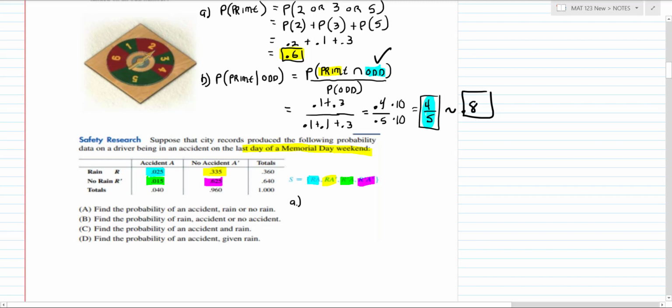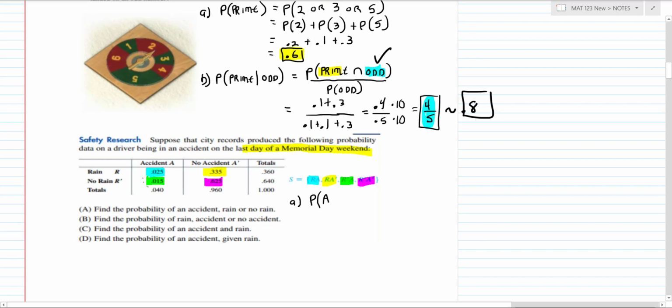So part A is the probability of an accident, rain or no rain. So we're looking at the probability of getting an accident with rain or no rain. Okay, so I'll kind of show you how we're looking at that. So the idea is the probability of being an accident is these numbers right here.